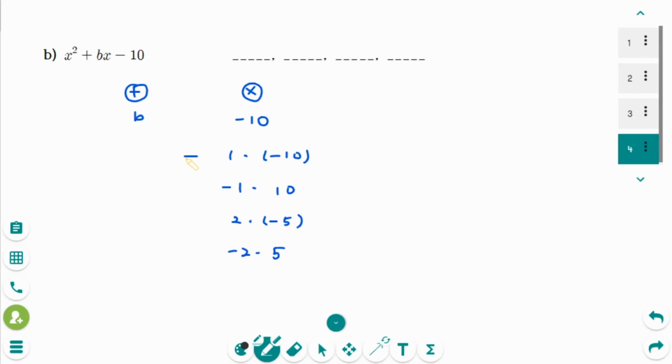Then this one, b equals minus 9. For this one, add them together, make 9. In this case, add them together, minus 3. And the last one equals 3. So b can be minus 9, 9, minus 3, and 3. That is the answer.